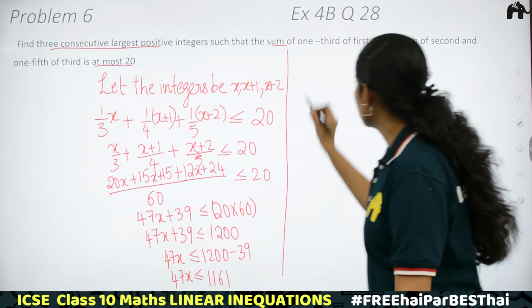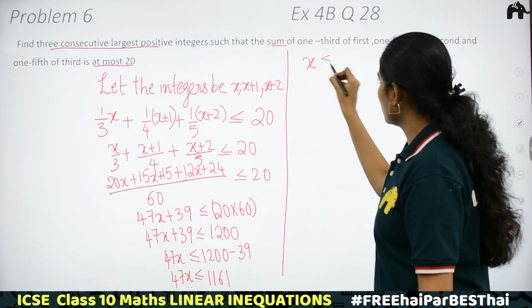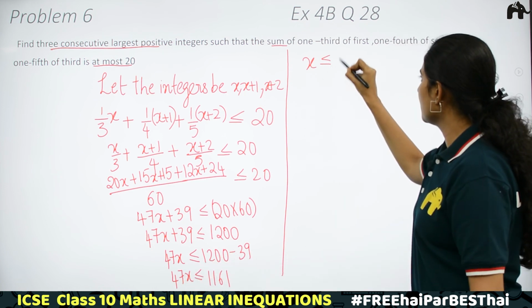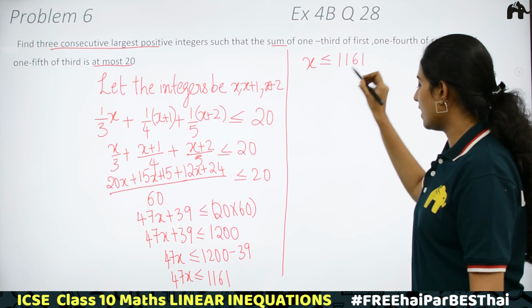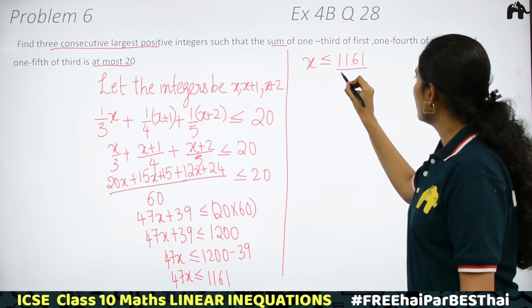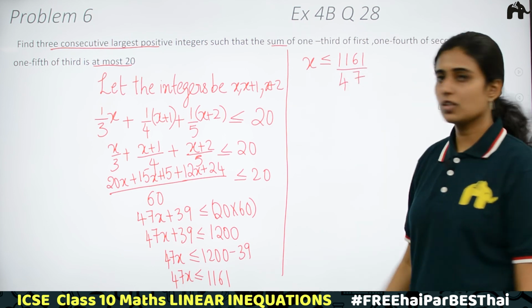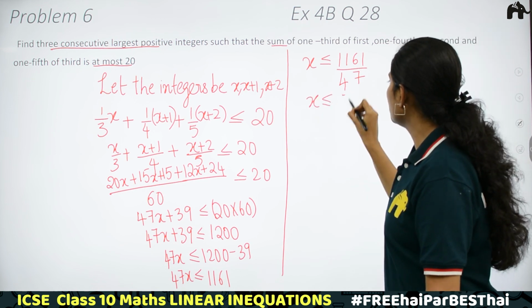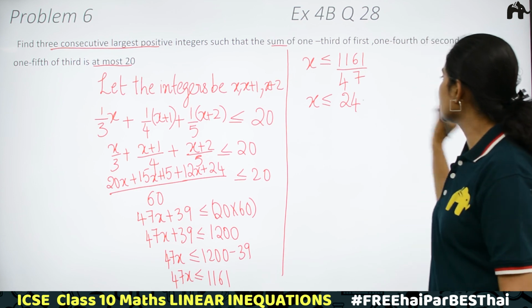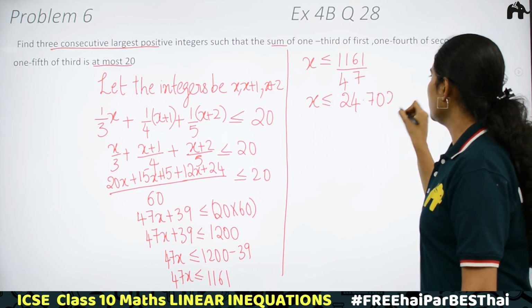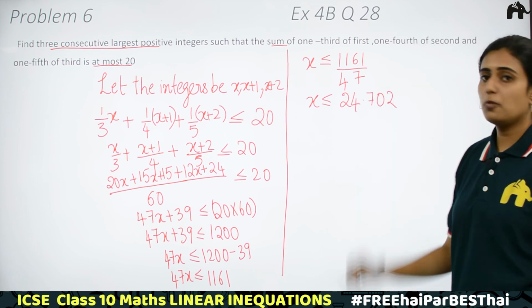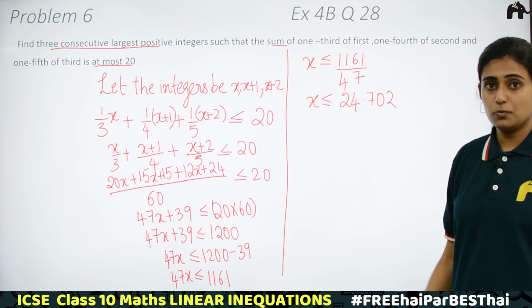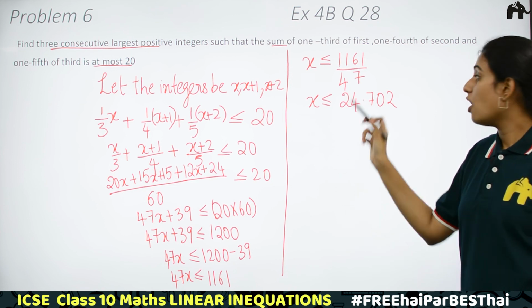Now we can write x less than or equal to, dividing on both sides with 47, you will be getting 1161 divided by 47. On dividing, x less than or equal to 24.702.